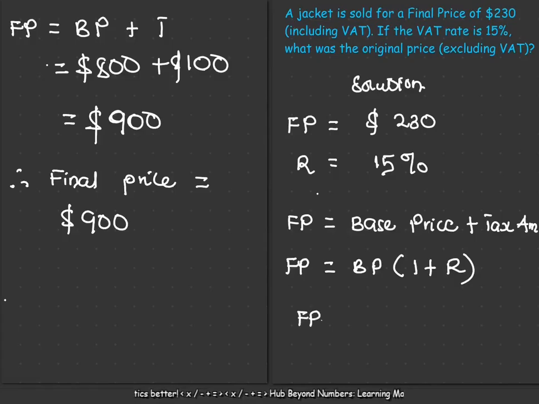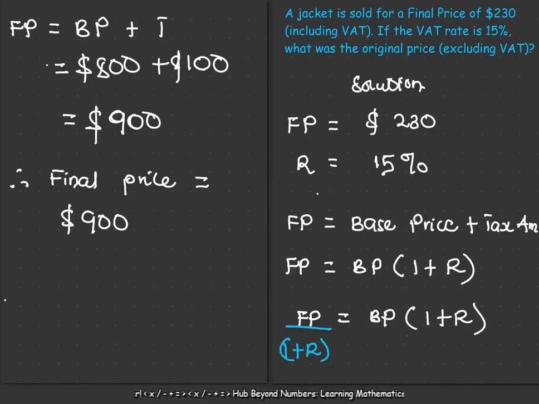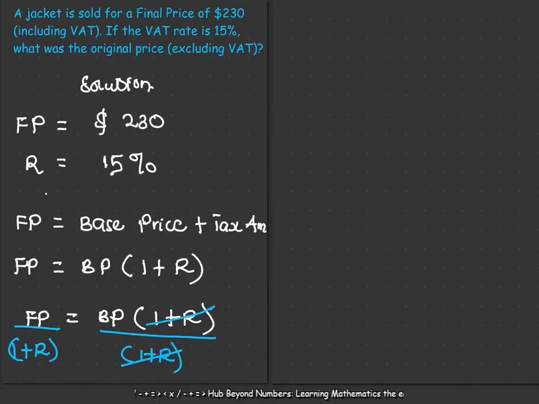So our final price is equal to base price into bracket 1 plus R, then dividing both sides by 1 plus R. We have all of these cancelling out, 1 plus R taking out 1 plus R. Then we have our base price being equal to what we have here on the left hand side.